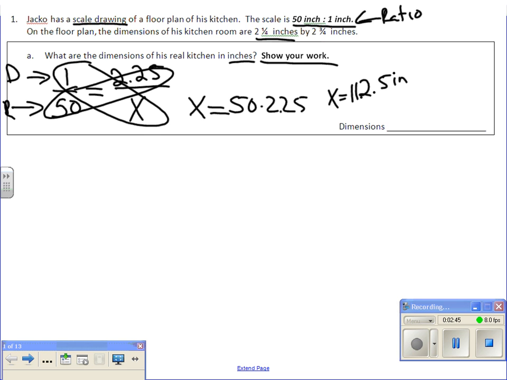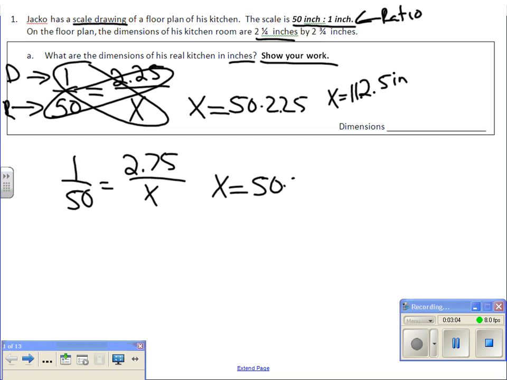So that's going to be in inches. So 112.5 inches. We're going to do the same exact thing for our other, 1/50, 2 3/4. I'm going to change it to 2.75 over X. So we're going to cross multiply. 1 times X is going to be X. 50 times 2.75, and do that multiplication.